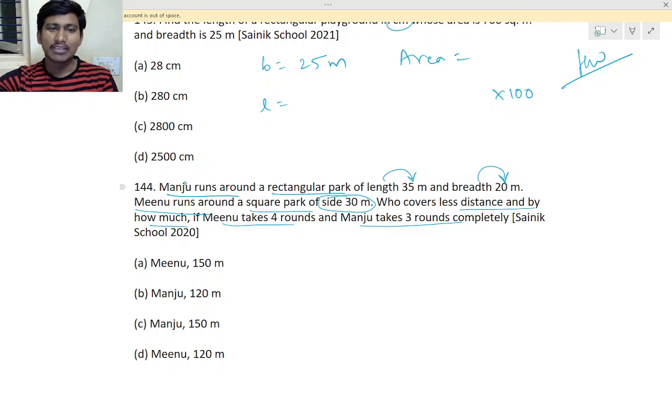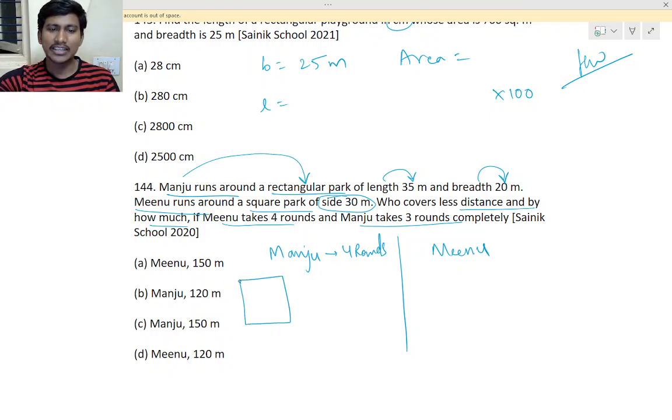We will take Manju first and then Meenu. Manju takes 3 rounds around a rectangular park. A rectangular park is like this, with length 35 meter and breadth 20 meter.